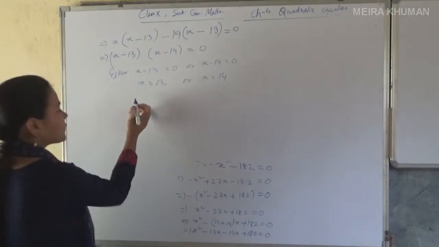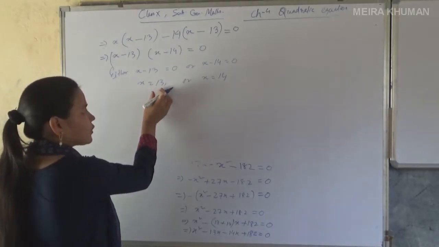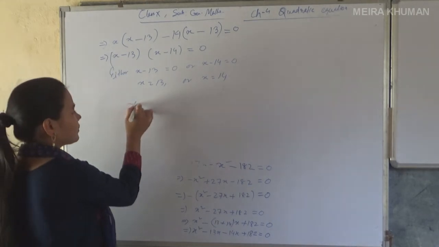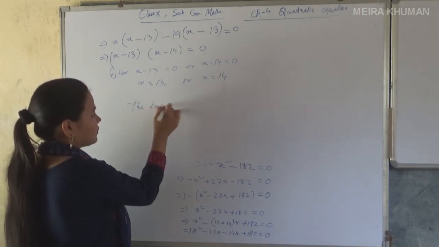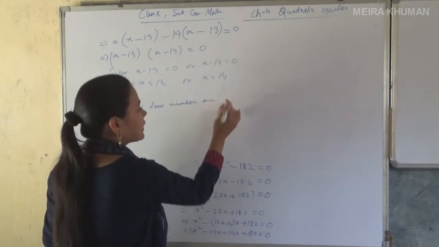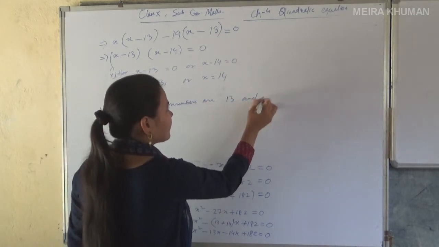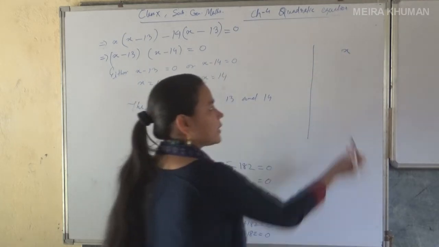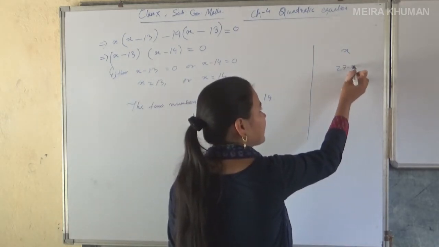So you are getting x equal to 13 and x equal to 14. These are the two numbers: 13 and 14. You are taking x and 27 minus x.